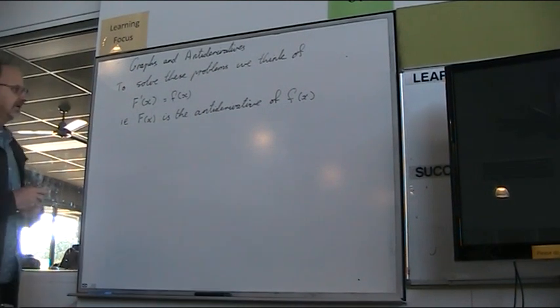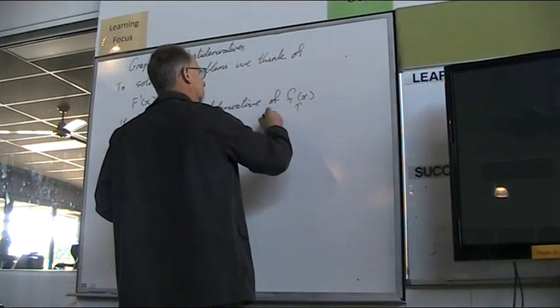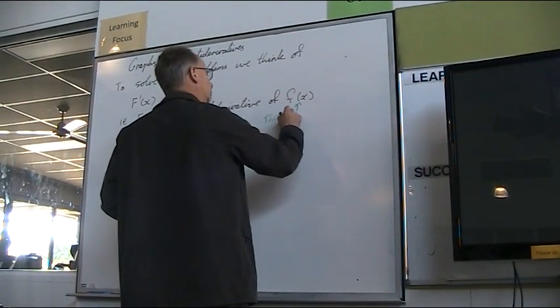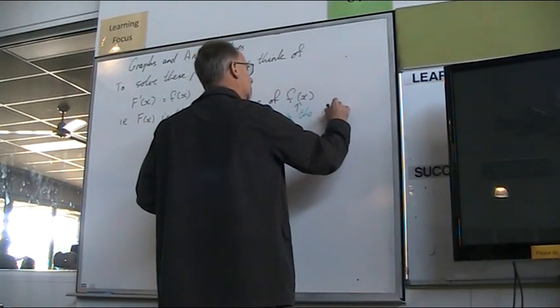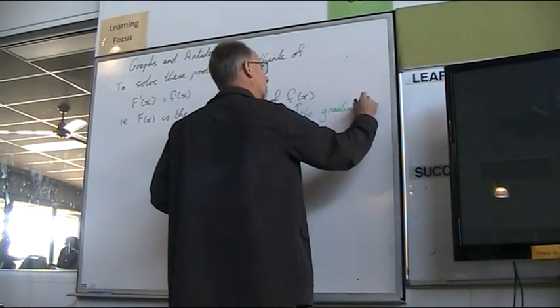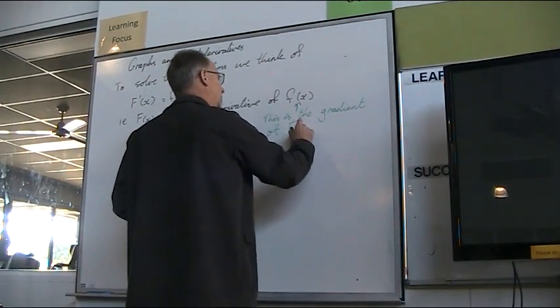So what does that mean? It means that the graph of little f is the gradient of big F.